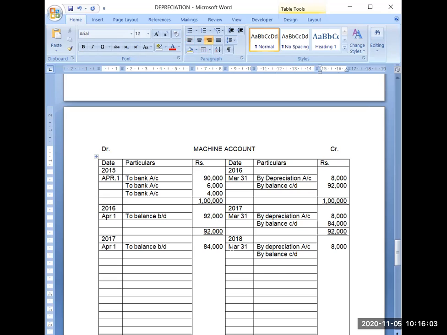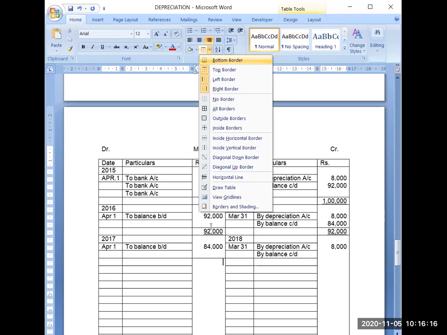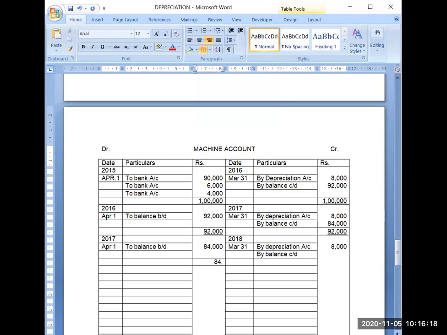Now by balance carried down, again I have to calculate the balance. So first I will do the total of the greater total side. So here I have to make the totals. Total will be 84,000.